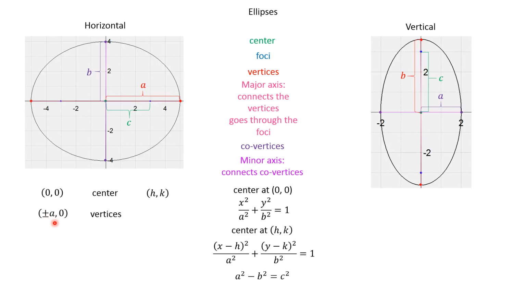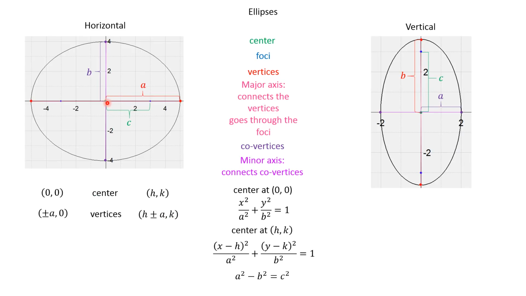So we have the 2 points, a comma 0, negative a comma 0, which is plus or minus a comma 0. How about if we start at h comma k? If we start at h comma k and we go over a, didn't we just add a to the horizontal h? So that's h plus a comma k and h minus a comma k.